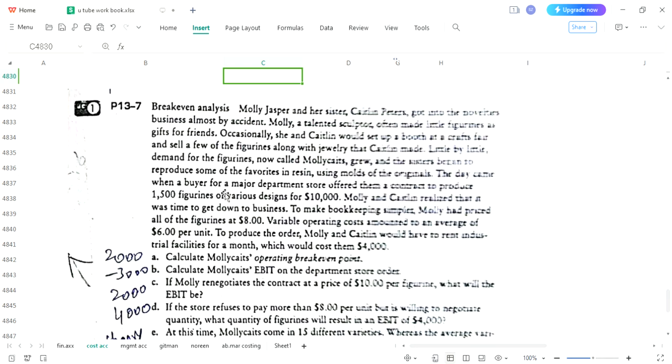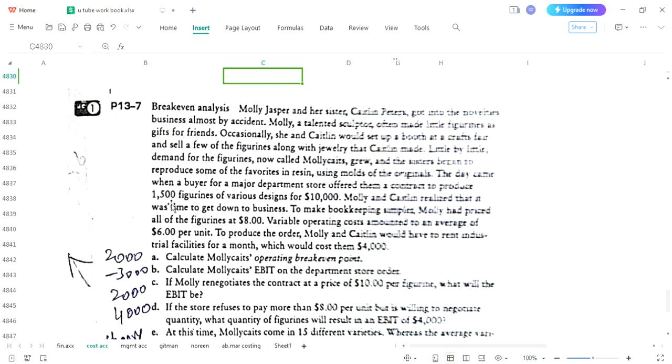The day came when the buyer for a major departmental store offered them a contract to produce 1500 units. So actually the story is simply that they are creators and they have produced some figurines, and right now we will consider each one as a unit.